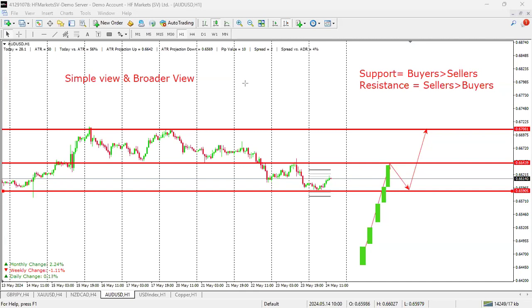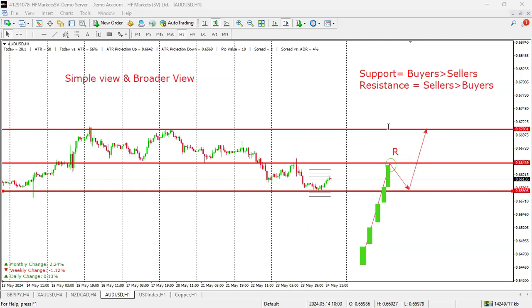If there is a level that is called a resistance, it also means that if sellers are more than buyers in that particular place, buyers also should not operate at those territories. Which means if there is a level like this in the market, which in this case I want to be a resistance, the major job of a resistance is to alter the direction of price.